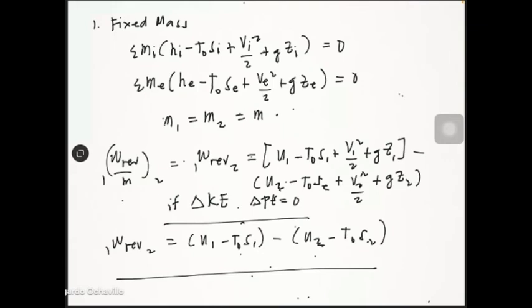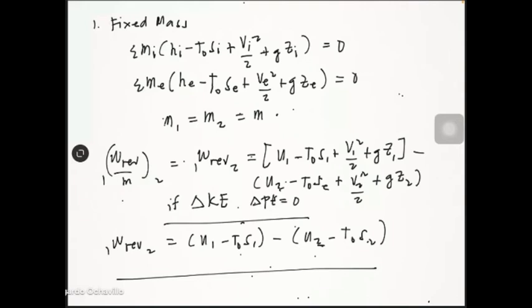Okay, here since this is per unit mass, so the mass leaving and entering is equivalent, so therefore we have this work reversible here. This is QCV plus the summation of mass entering.